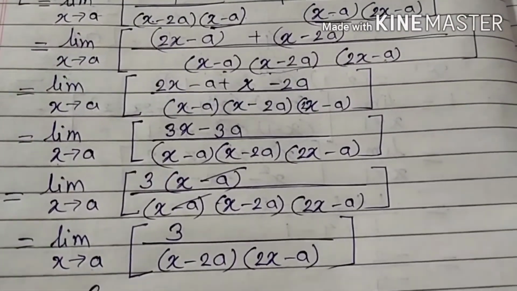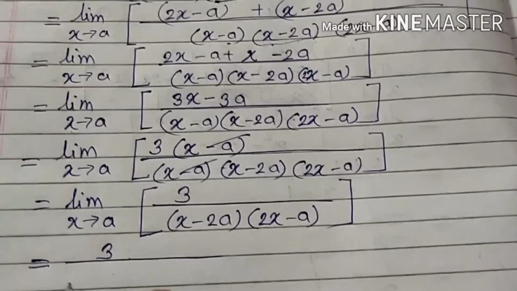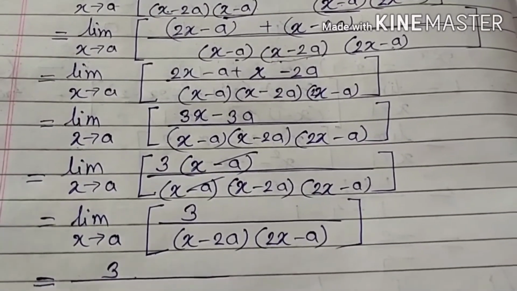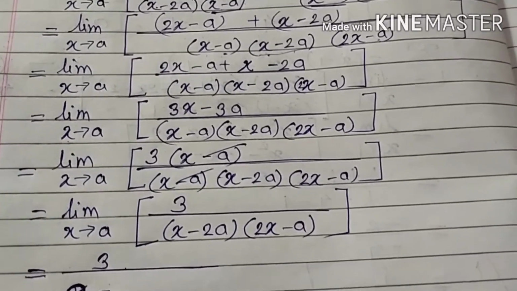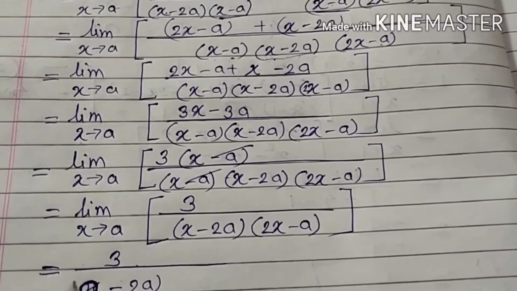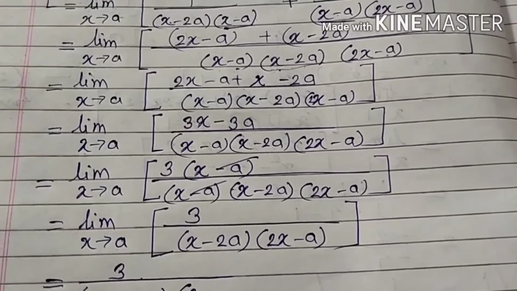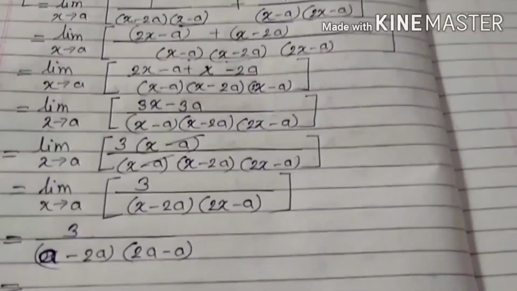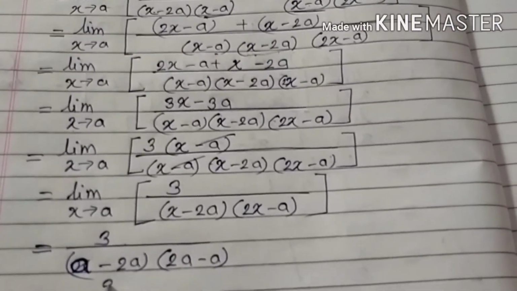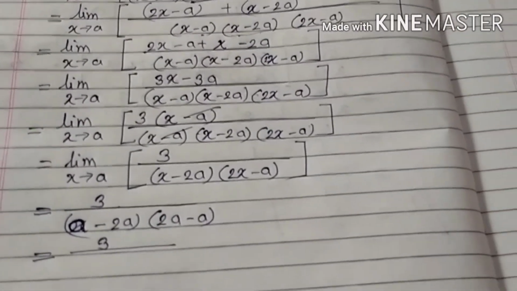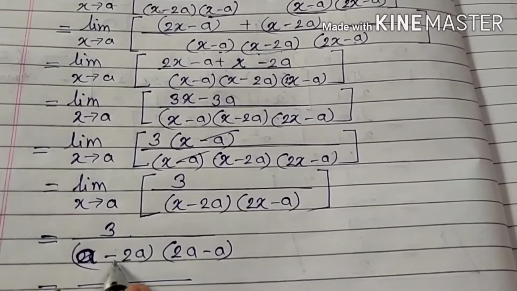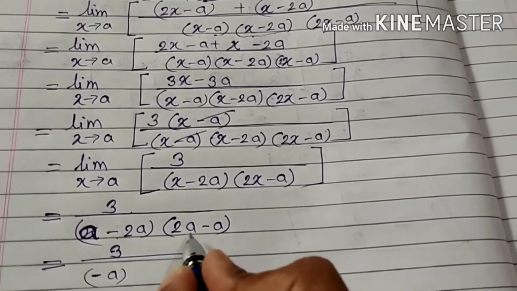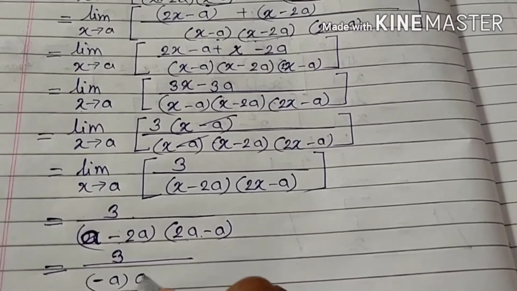So when we apply the limit, then remove the sign of limit. Here it is a minus 2a, here 2a minus a. So it is 3. a minus 2a means it is minus a. Here 2a minus a means it is a.